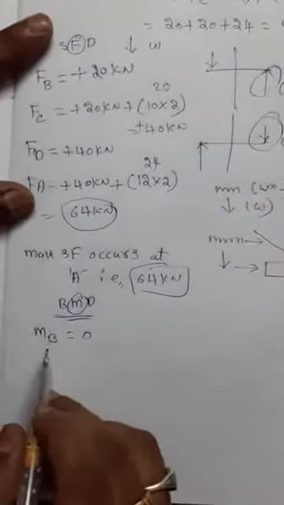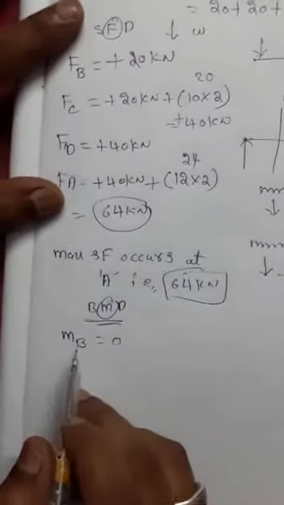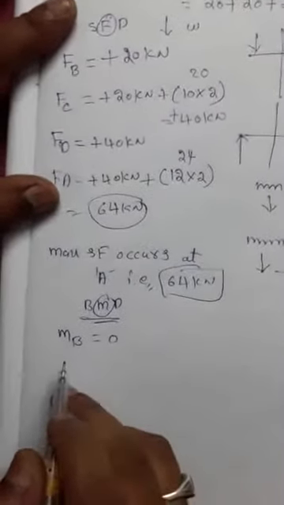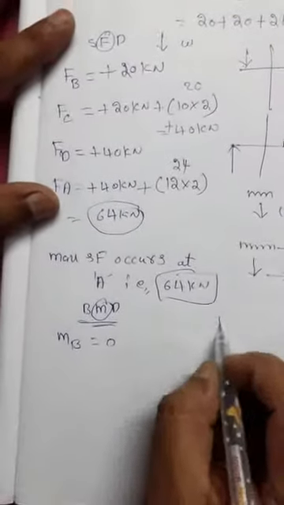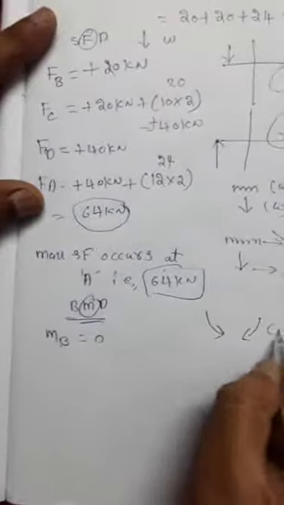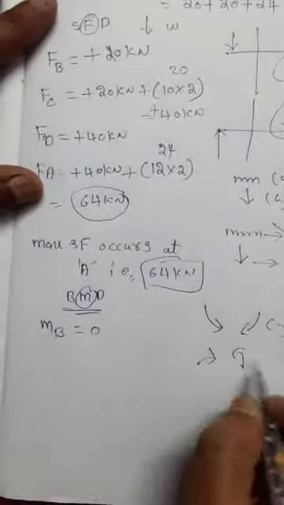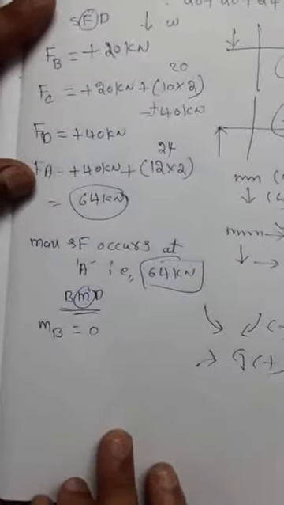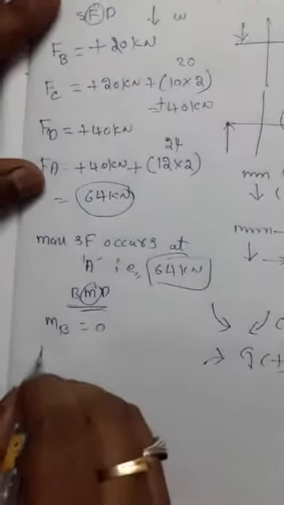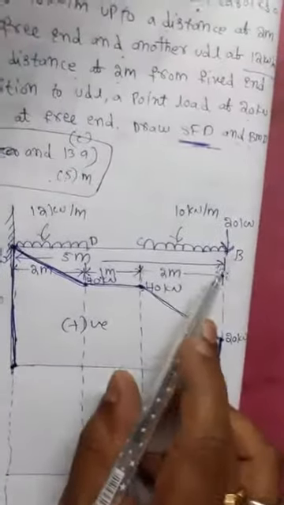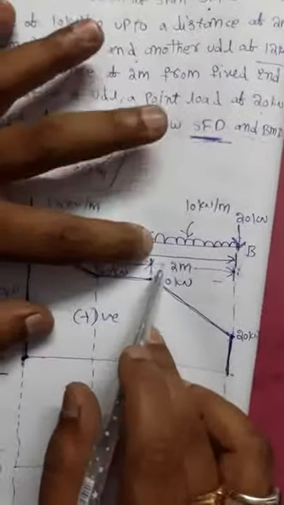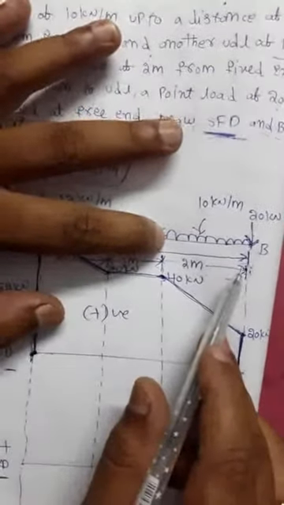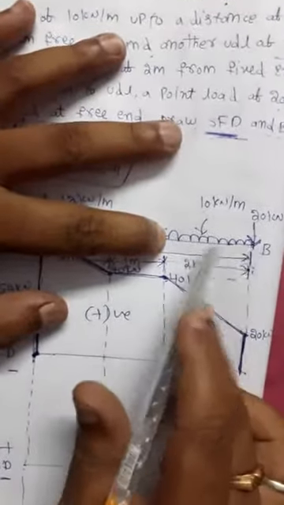So the starting point is 0, that is MB. The bending moment at the free end is 0 for cantilever beams. For sign conventions of bending moment, downward direction is minus and upward direction is plus. After B, the next point is C. On C, coming from B, there is one point load and one UDL.